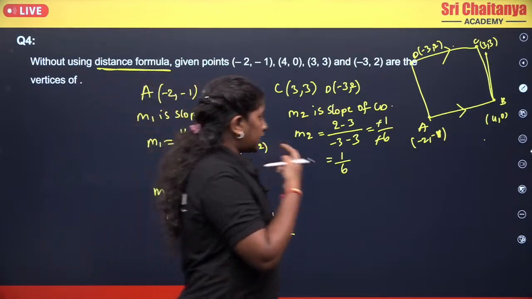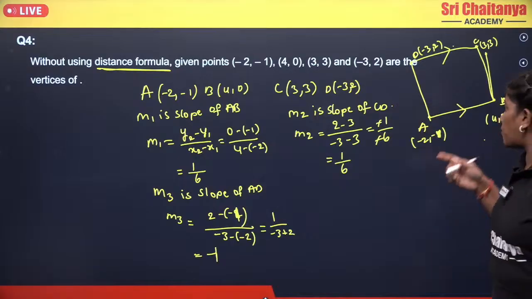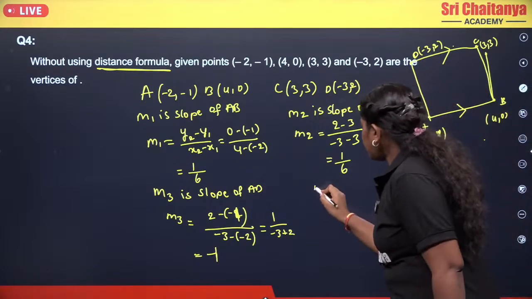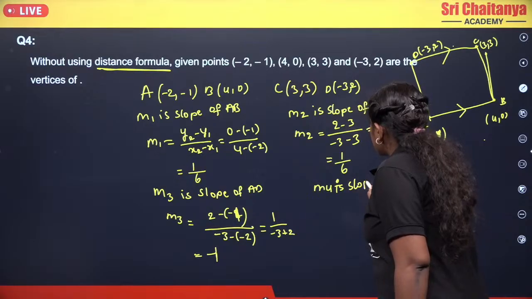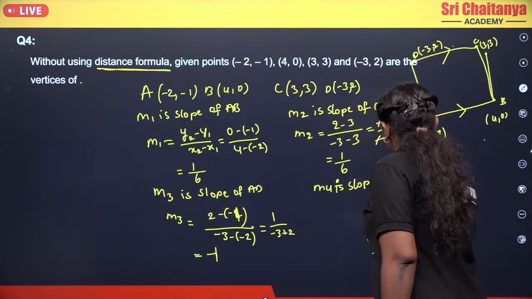So now moving to the next, we will take the slope of your BC also. M4 is the slope of BC.